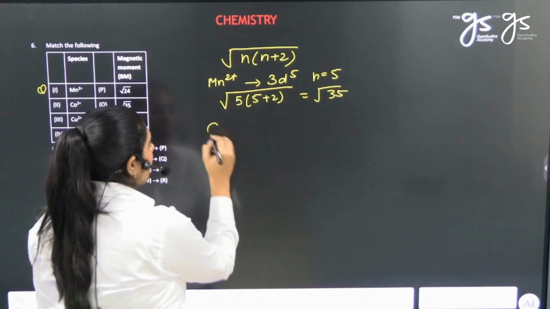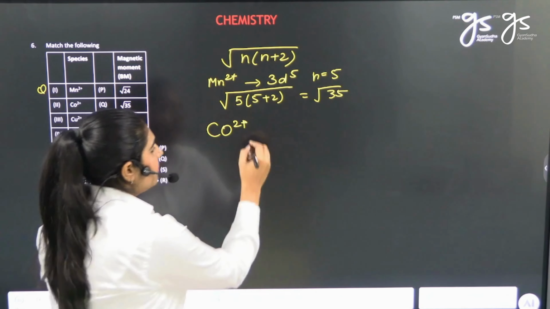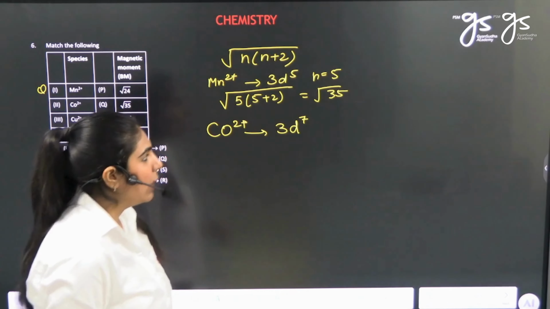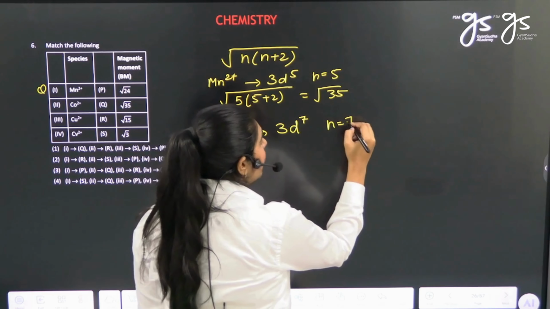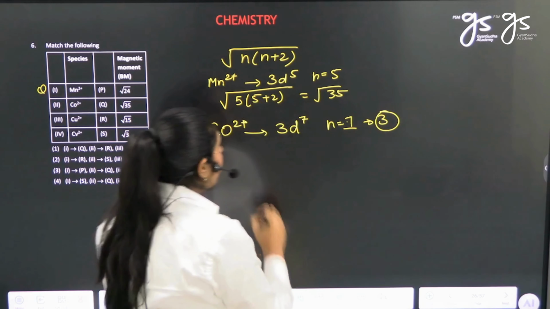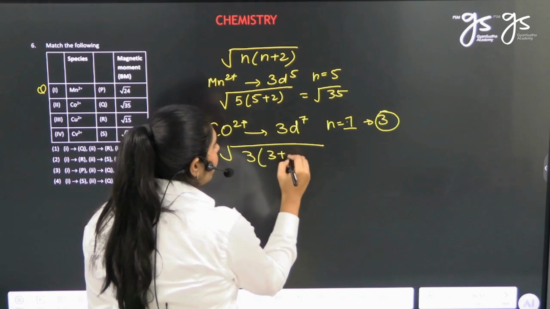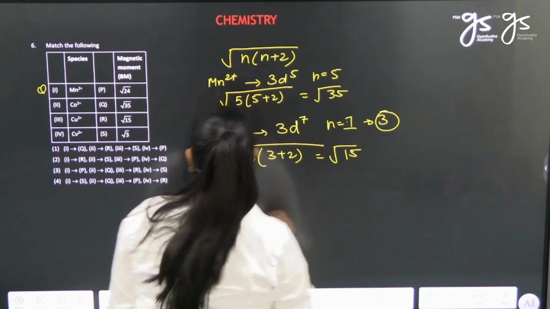Similarly, for the other ion, cobalt 2 positive, the configuration is 3d7, and the n value will be not 7 over here, because the number of unpaired electrons will be 3. Upon putting the values, we can see that it will be under root 15.